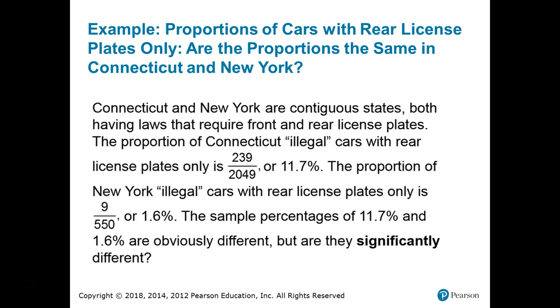The proportion of New York illegal cars with rear license plate only is 9 cases of illegal over 550 analyzed cars, or 1.6%. The sample percentages of 11.7% and 1.6% are obviously different, but are they significantly different?